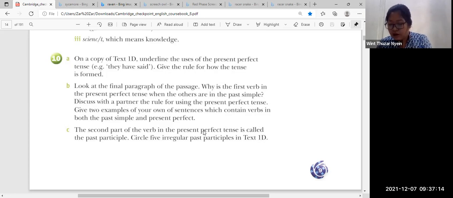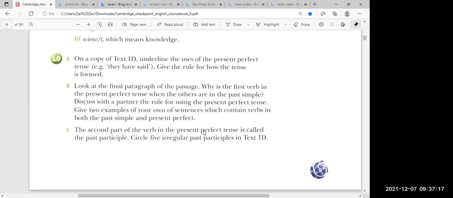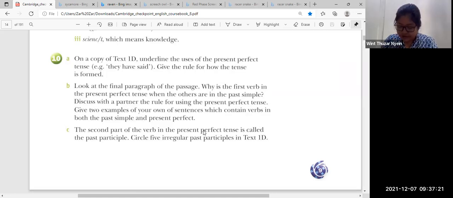That's why they use present perfect tense. Thank you for your answer. Any different answer? No?